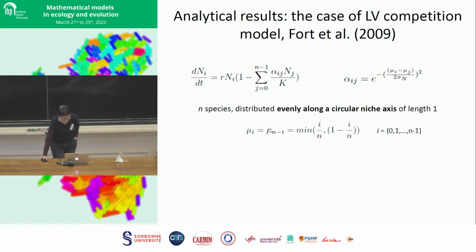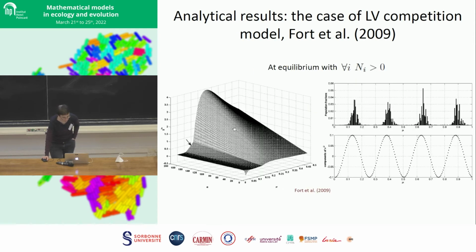So the positions of the species are evenly distributed on the niche axis, and what he showed is that in this case you can calculate in general the eigenvalues at equilibrium and the corresponding eigenvectors. Here it's just numerical, showing the values of the dominant eigenvalue of the system. It's always real. Here is the number of species n in the system, and here it's the niche width sigma.